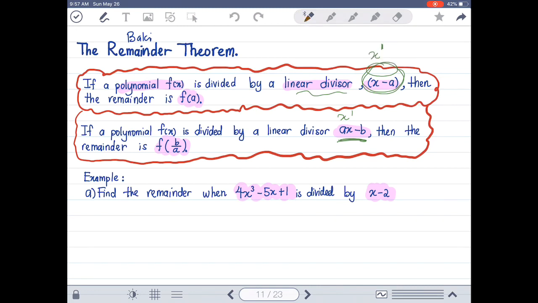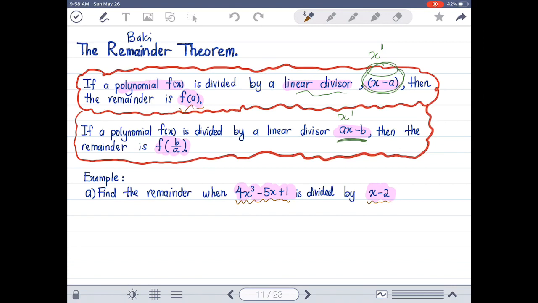According to the remainder theorem, if a polynomial is divided by the linear divisor, then we have the remainder equals f(a). Okay, let me put it this way.